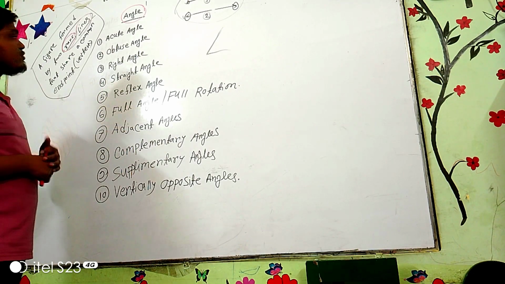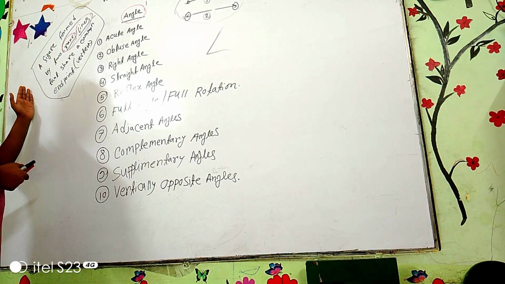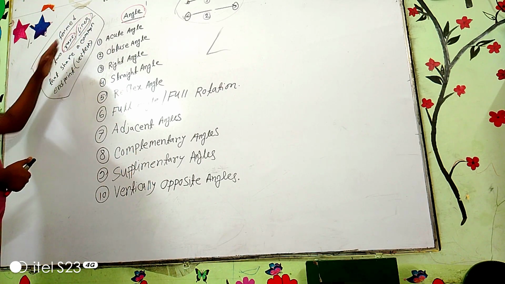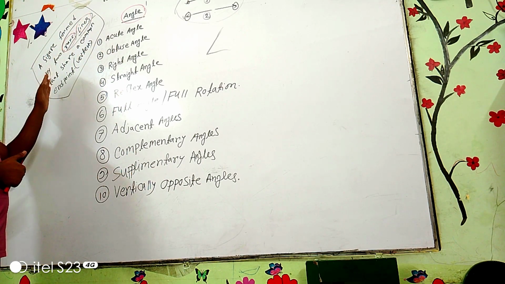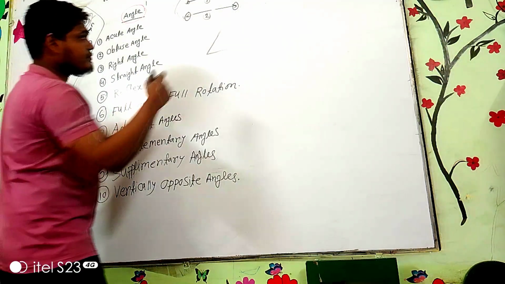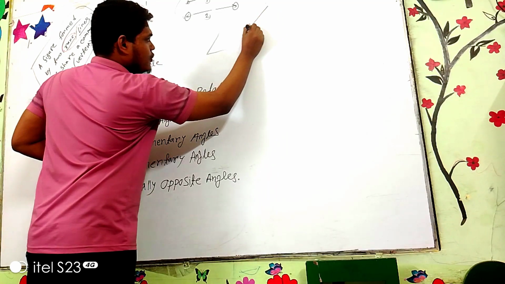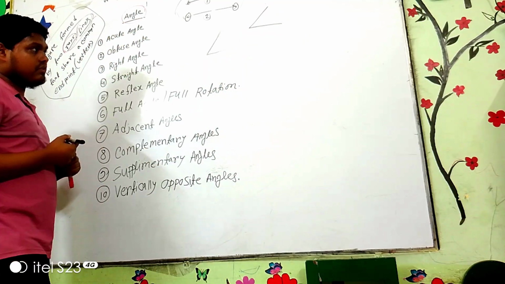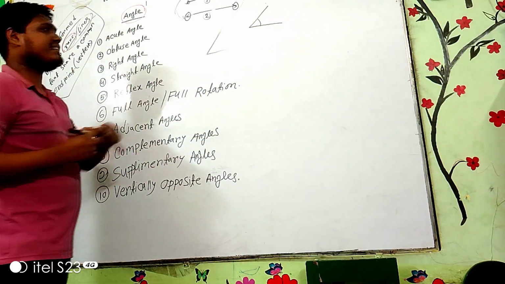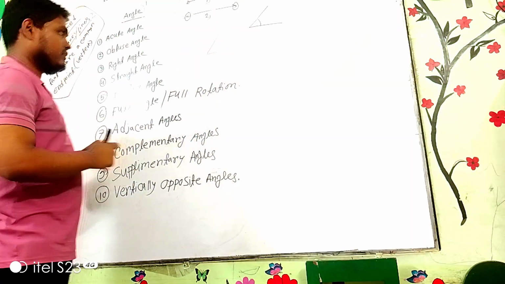Next one. The definition of angle is a figure formed by two rays or lines that share a common endpoint. This is the symbol of angle, and this is exactly an angle.